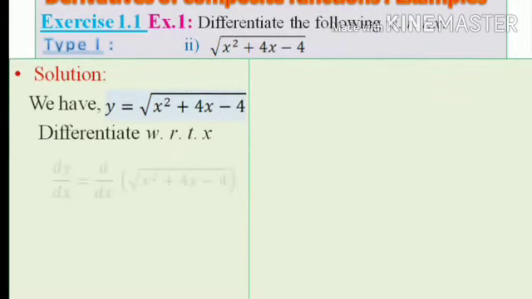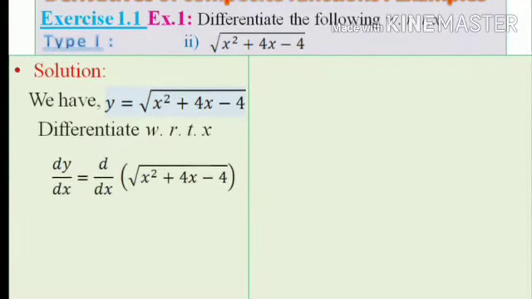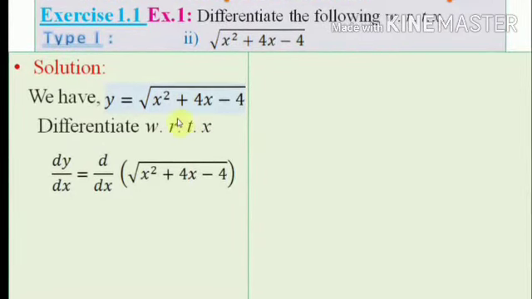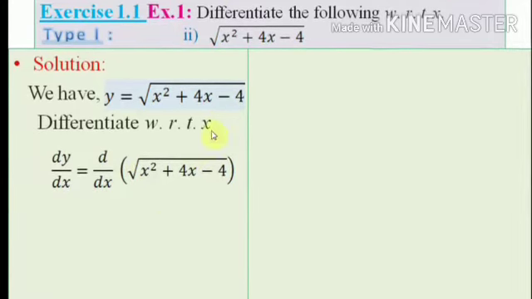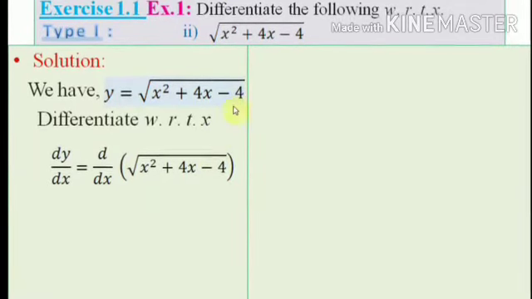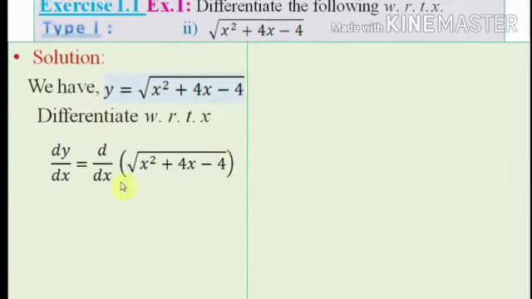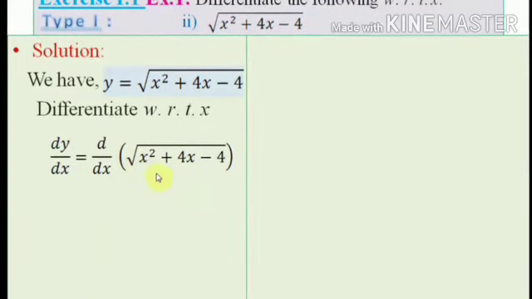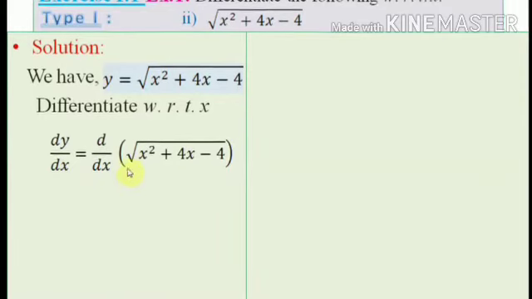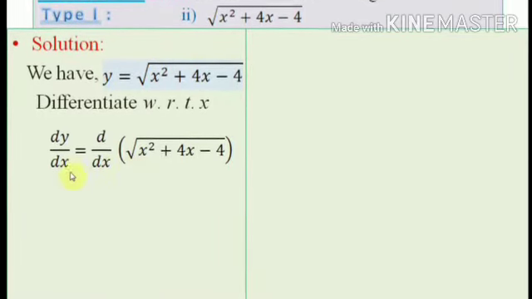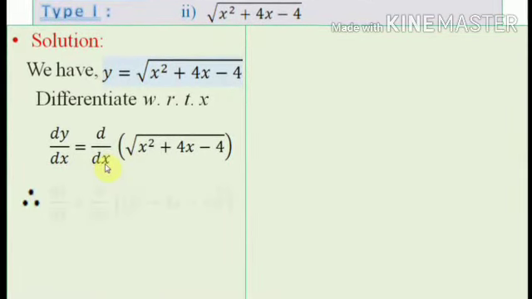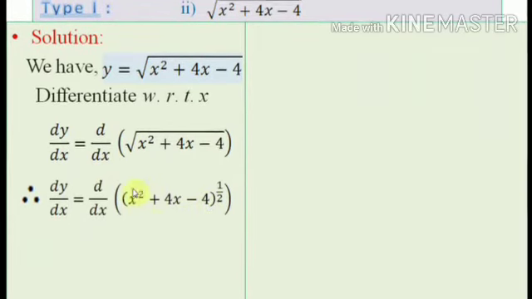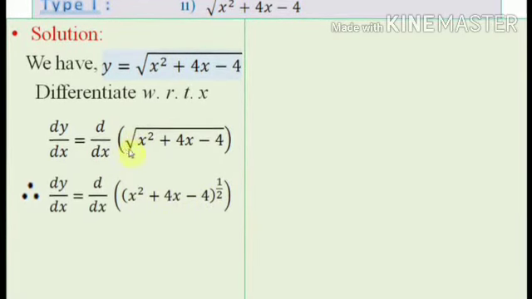Therefore the derivative of y is dy by dx equal to d by dx of the root of x square plus 4x minus 4. That means the derivative of the given function is taken on both sides, the left hand side and also the right hand side. Therefore dy by dx equal to d by dx of, here in the given function x square plus 4x minus 4 we have taken a square root.